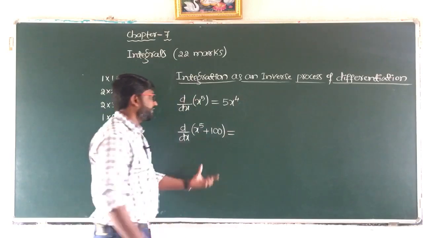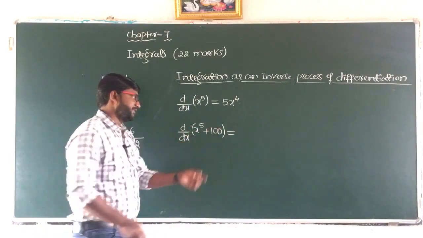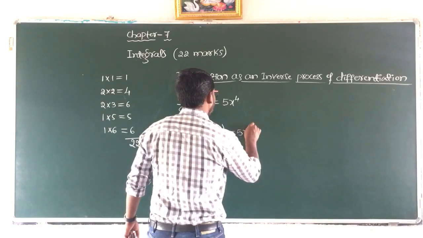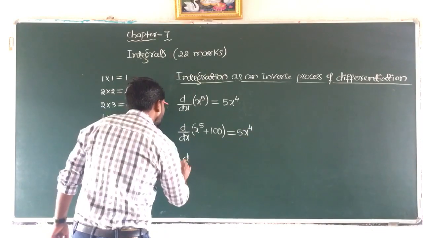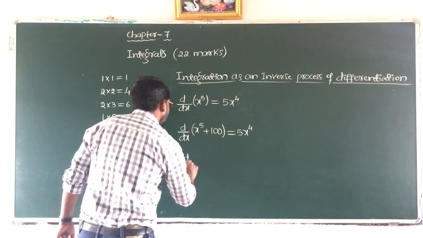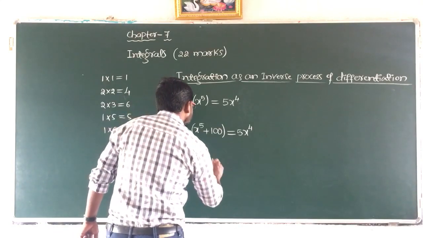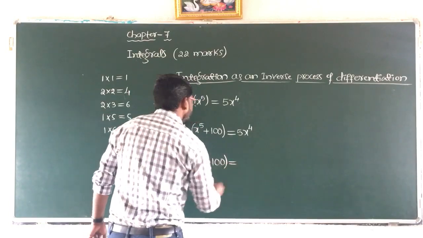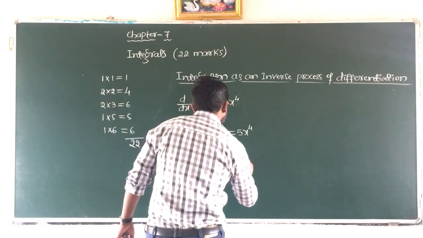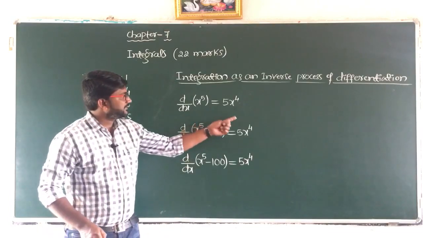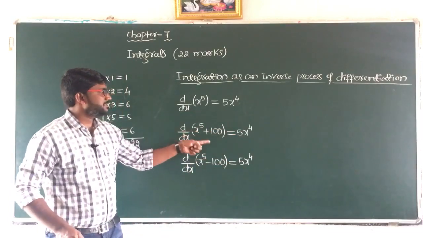What is the derivative of this function? It is 5 into x to the power 4. Now d by dx of x to the power 5 minus 100 is 5 into x to the power 4. Is that clear? So these three are the derivatives of these functions.